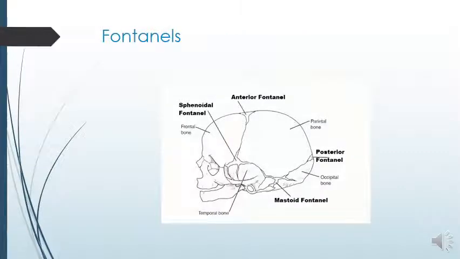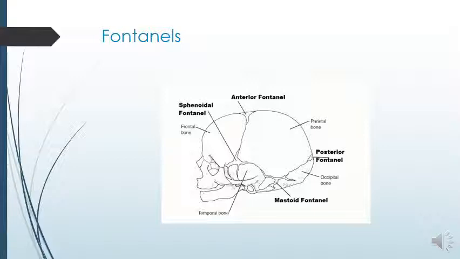When a baby is born, the sutures, the seams that join the various bones in the skull, have not fused together yet. And there are 6 fontanelles, 6 areas where they have not formed yet. Most people think you only have one fontanelle, the large one in the front, which is the anterior fontanelle.